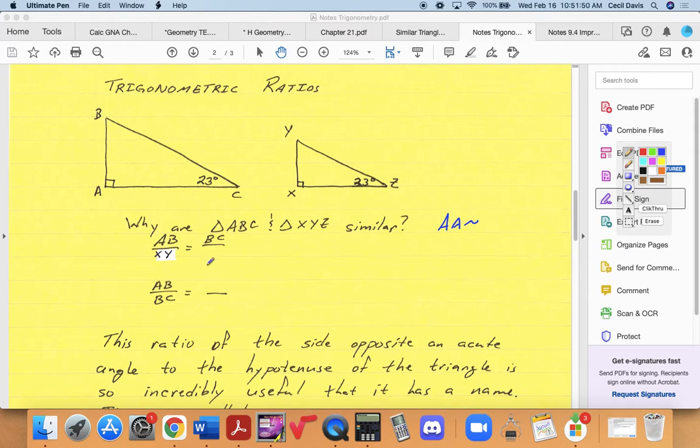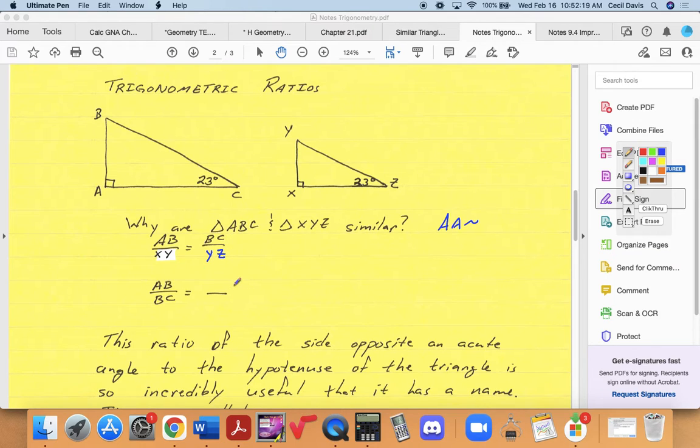All right. So if I do AB over XY then equals BC over what? YZ. There we're just matching up the corresponding pieces, right? But then what if I wanted to go AB to BC?